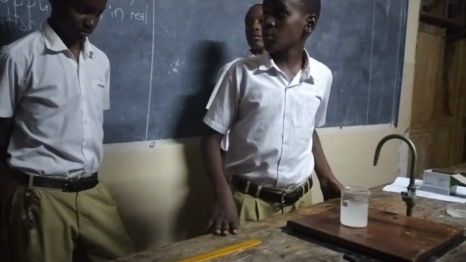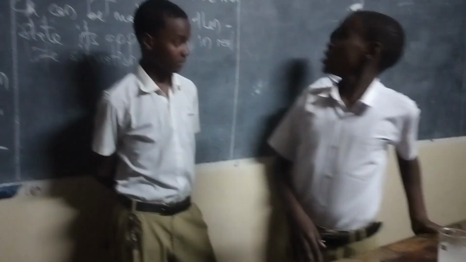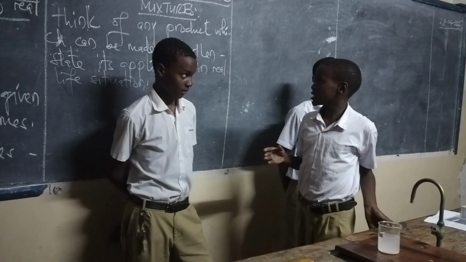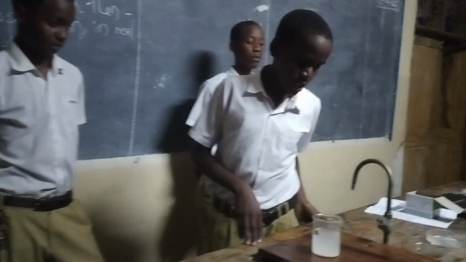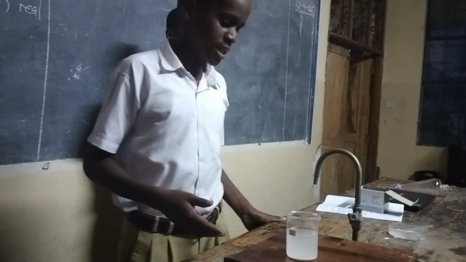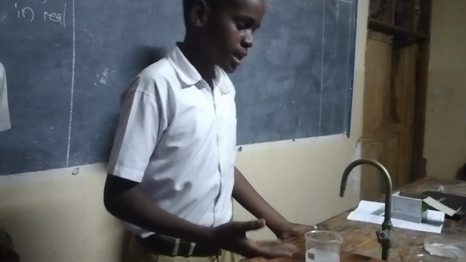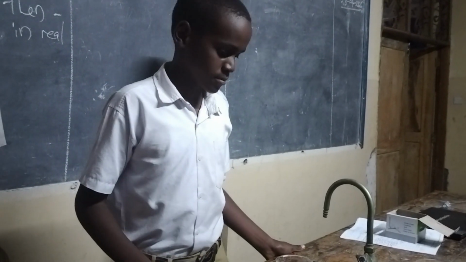The second group activity was, using the given sample, to think of any products which can be made and state the application in real life situations. This sample can be used for cooking in our real life, like making stiff porridge and others.